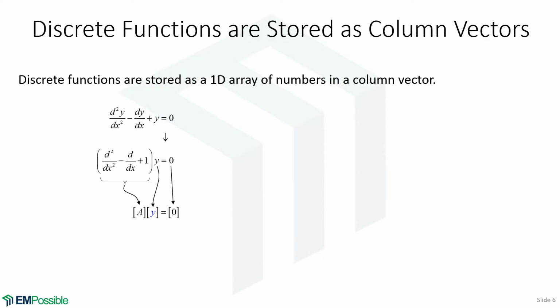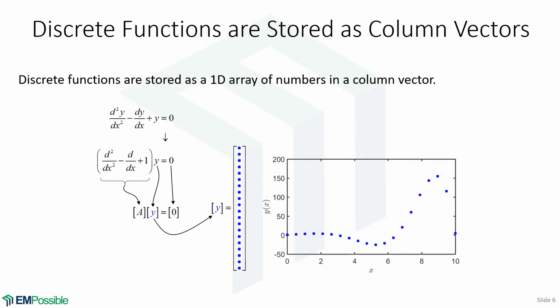When that ends up in matrix form, it's really this group of operations that define this square matrix A. The zeros over here will just be a whole column vector of zeros, right? Because we're writing our finite difference equation once for every point in our array. And so this will have that many rows in it. Our unknown is also stored in a column vector.